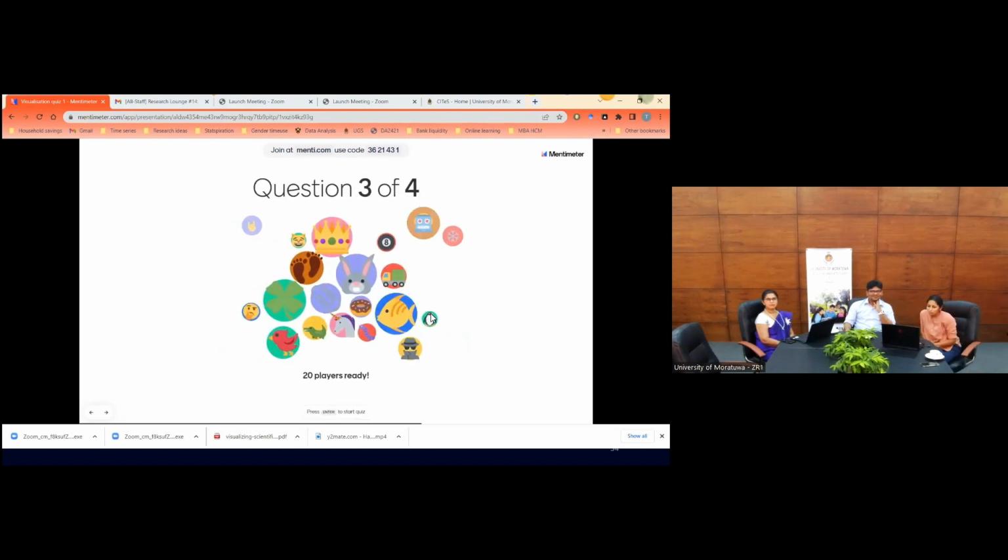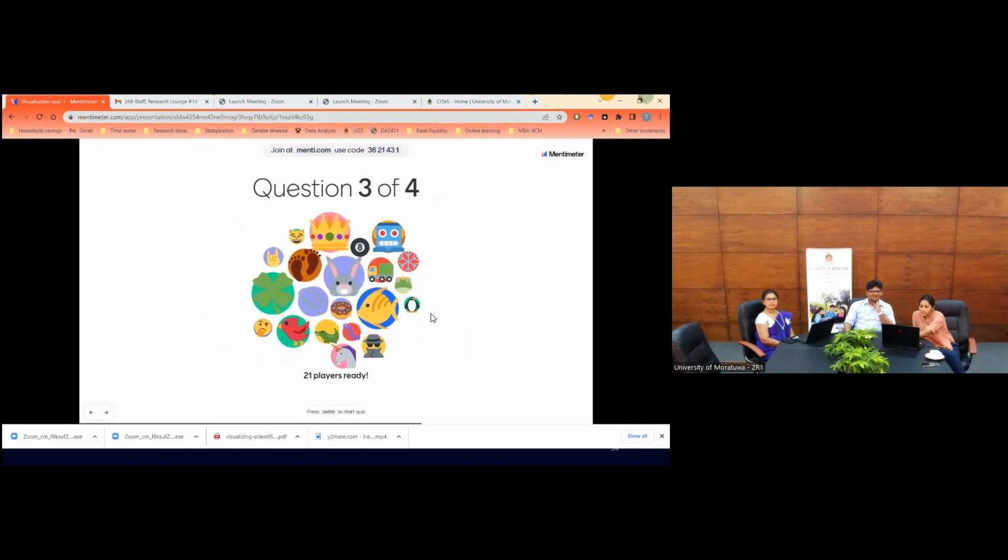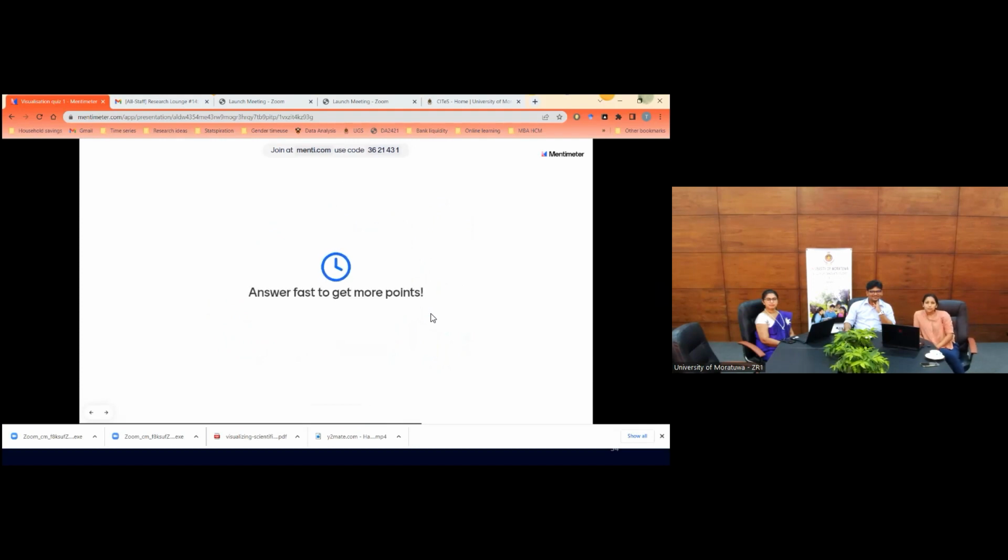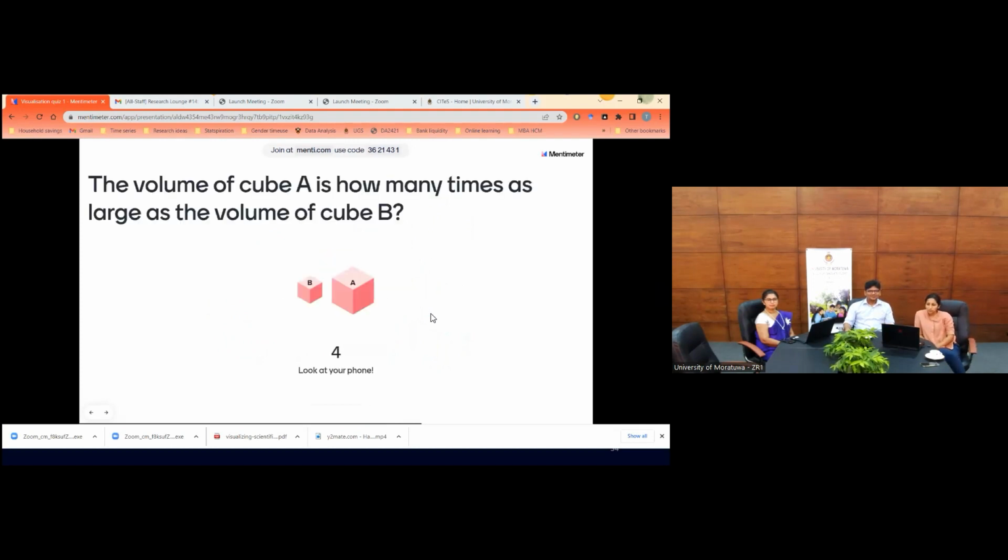One more question. Now only one person got it right, when you were asked to compare the volume of the cubes.